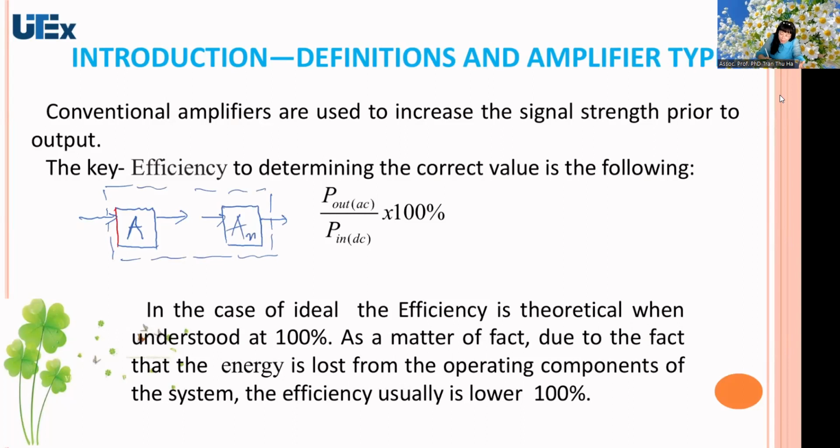For example, AN, and the output here, we can have the difference. This we call the amplifier, and the last cascade, the last block amplifier to connect with the resistance load, we call it power amplifier.